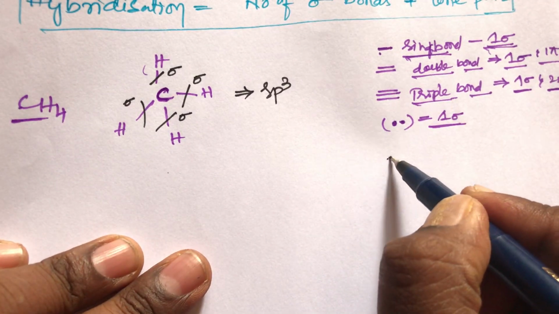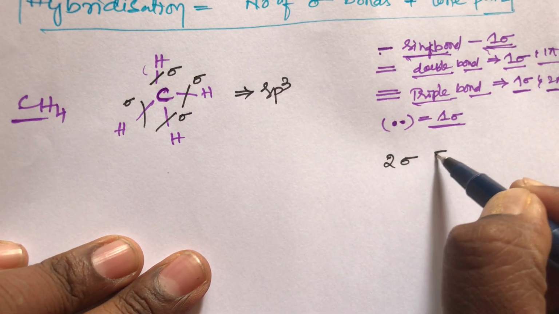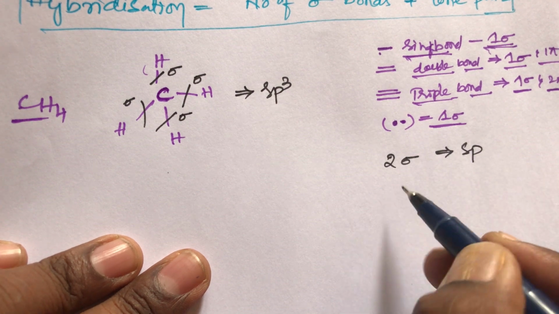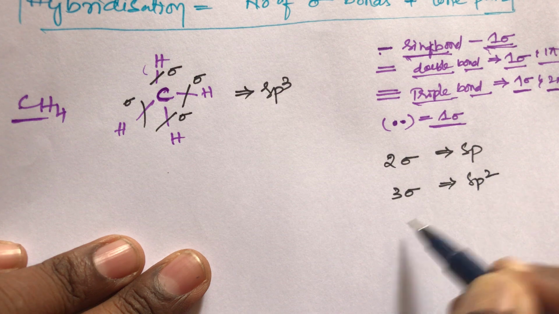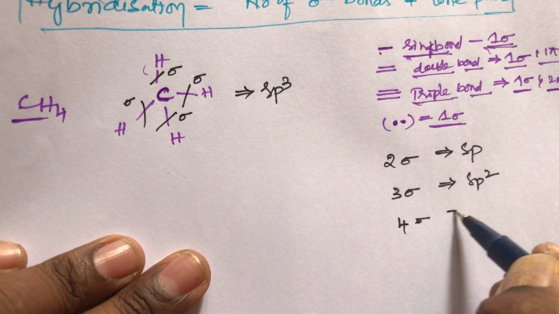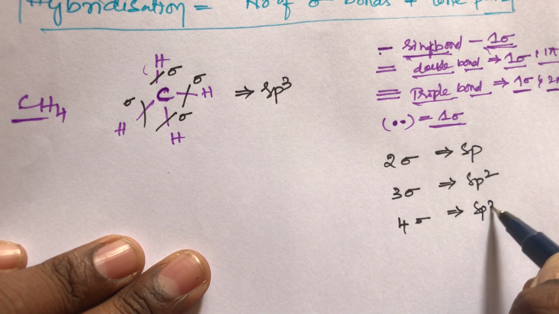Remember one more thing: 2 sigma bonds means sp hybridization, 3 sigma bonds means sp2, and 4 sigma bonds means sp3.